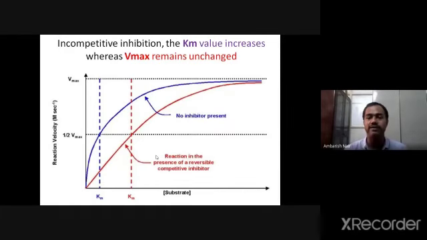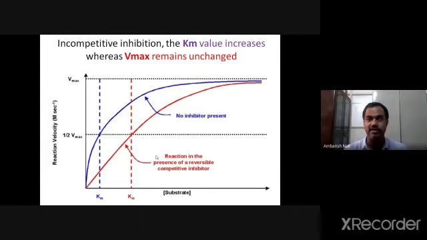The maximum velocity stays the same for both the uninhibited and inhibited reactions. But the Km value increases. Is there any significance of this increasing Km value in the enzymatic reaction? We already studied the significance of Km.